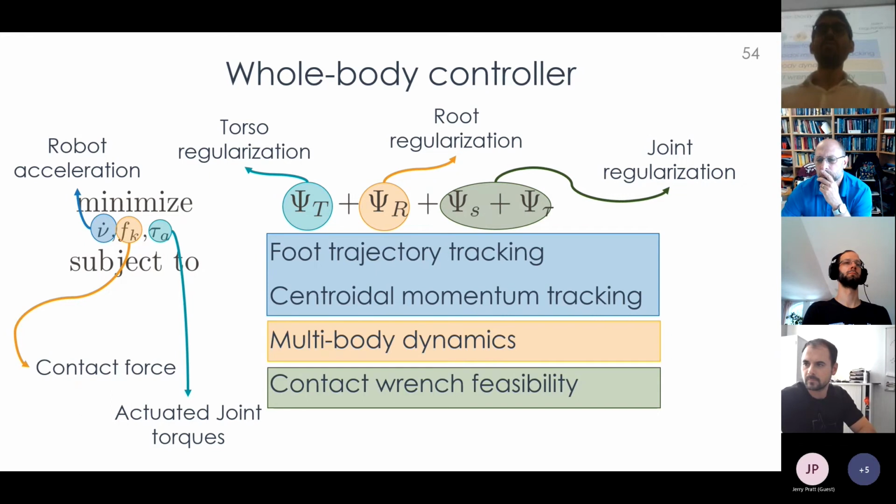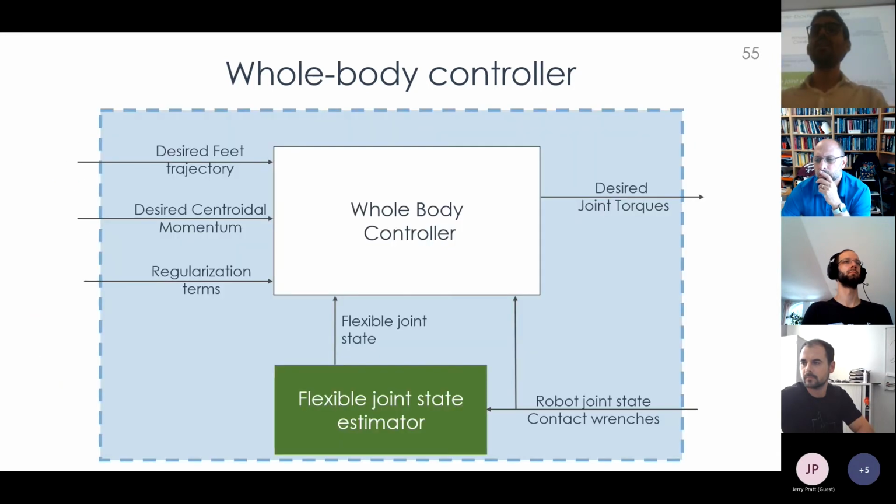So actually, the flexibility of the joints plays a crucial role in the definition of the multi-body dynamics, since the state of the flexible links and joints is inside the multi-body dynamics constraints. This means that we need an estimator, something that estimates the flexible joint and link state, because otherwise it's not possible to consider it inside the controller.